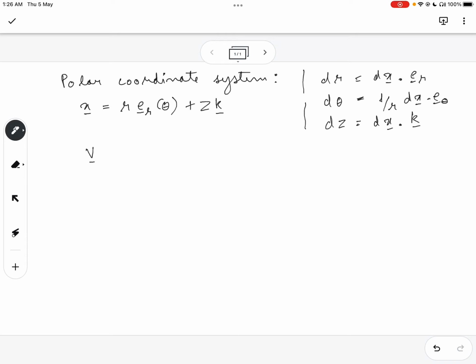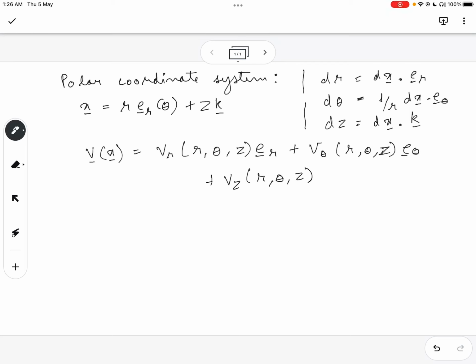Now v of x is written in terms of components as vr of r theta z er plus v theta as a function of r theta z e theta, and vz as a function of r theta z ez or k.